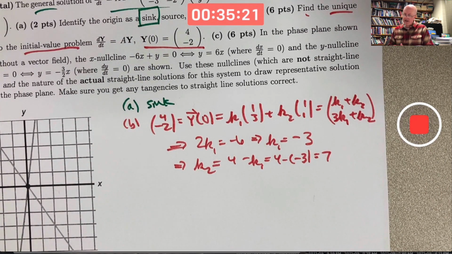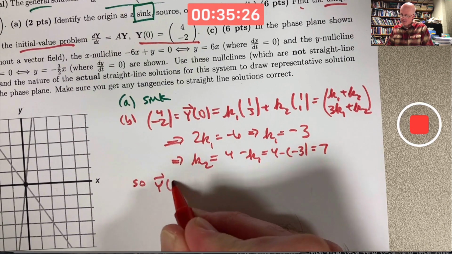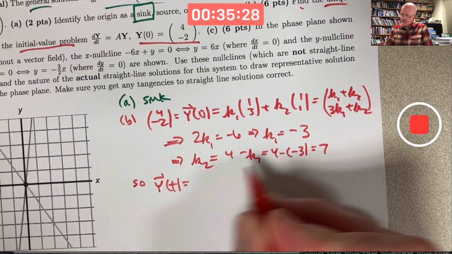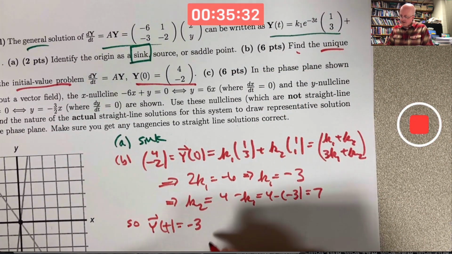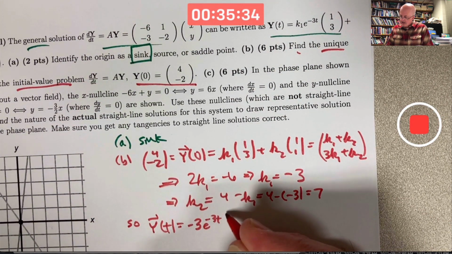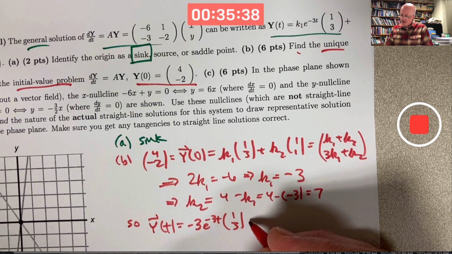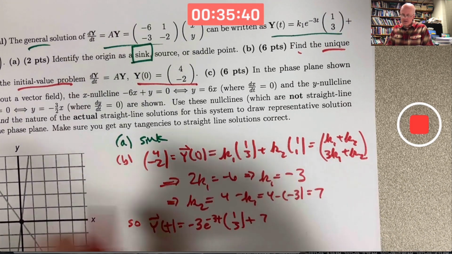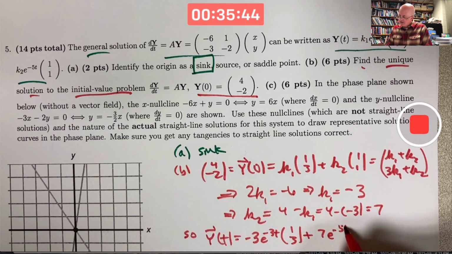Okay, so the answer for the unique solution, vector y(t), is going to be k1 is -3, looking back up here, e to the -3t times (1, 3), and then plus k2 is 7, looking over here, e to the -5t times (1, 1).